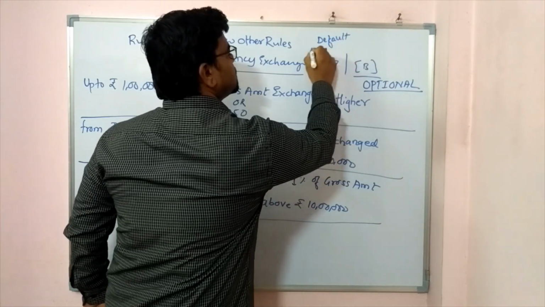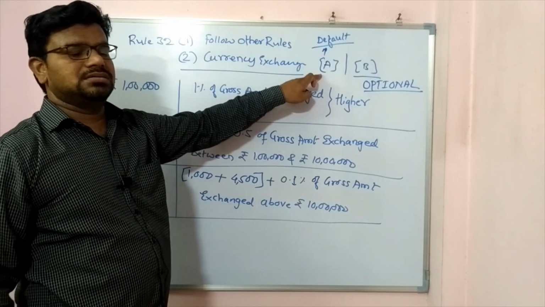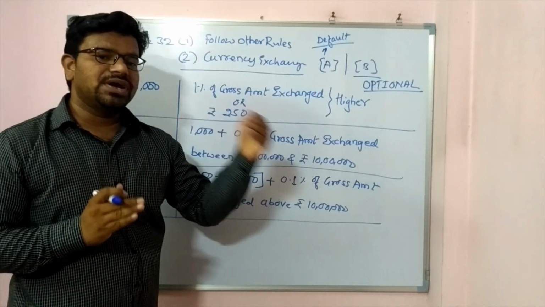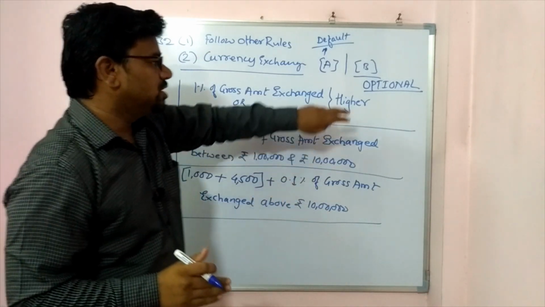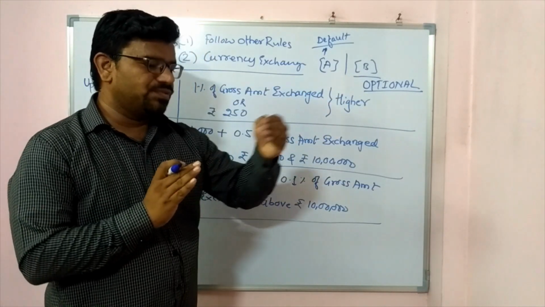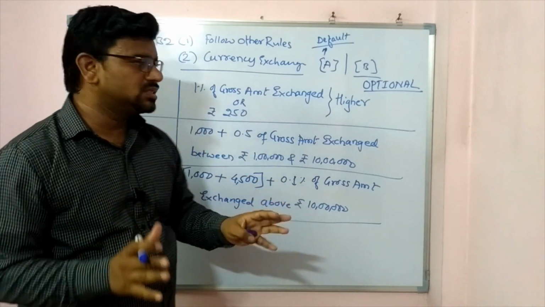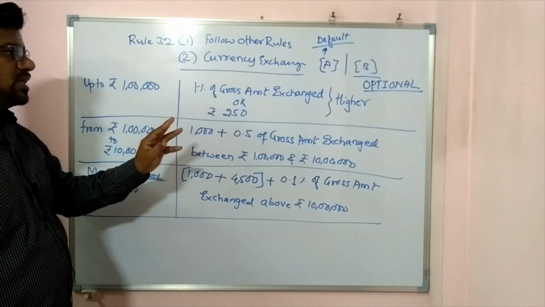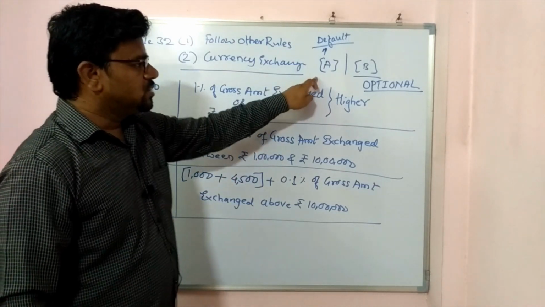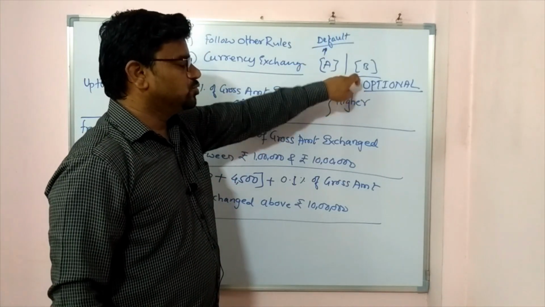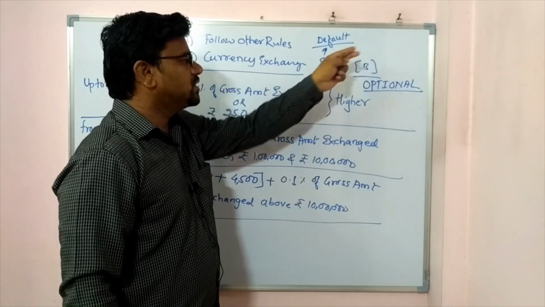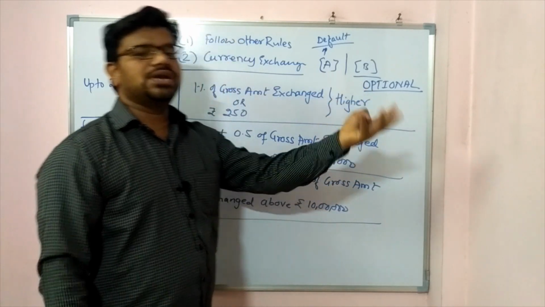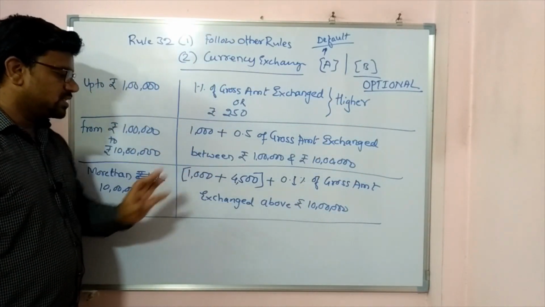Even if you do not choose it, you have to follow part A. But if you choose part B, then up to the end of that financial year, the year in which you choose B, you cannot change the method of calculation of currency exchange. Hope you understand. If you choose A, you can convert it into B. If you choose B, you can convert it into A only after completion of that 1 year. Now hope you understand this part.